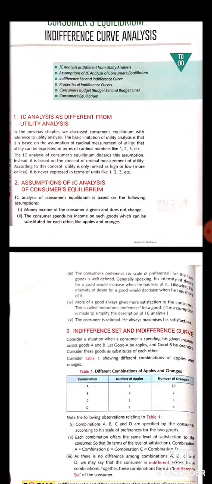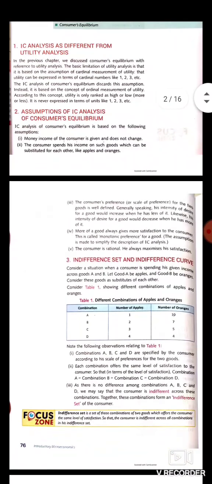So it is clear that more of a good always gives more satisfaction to the consumer. And the last one is consumer is rational. Means rational consumer is that person who wants to get maximum satisfaction out of his limited income.